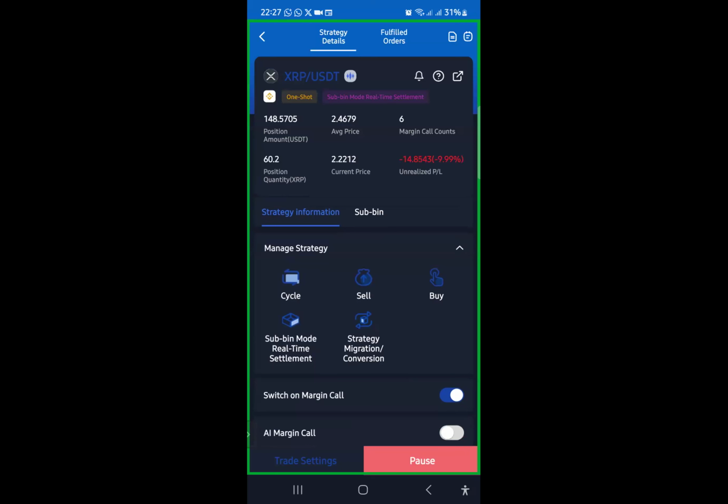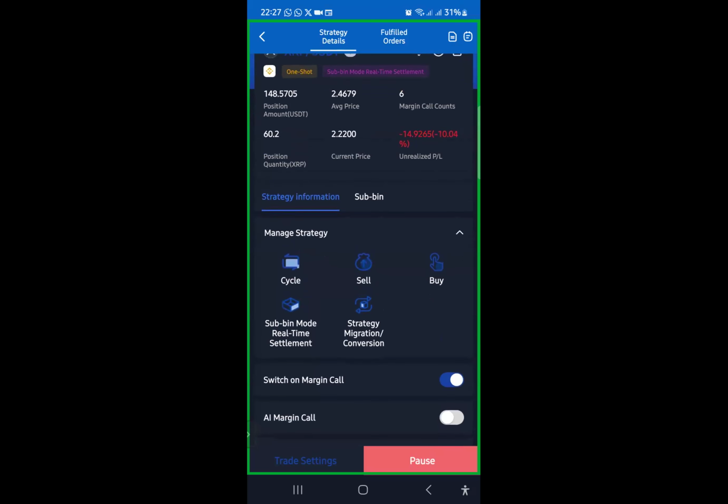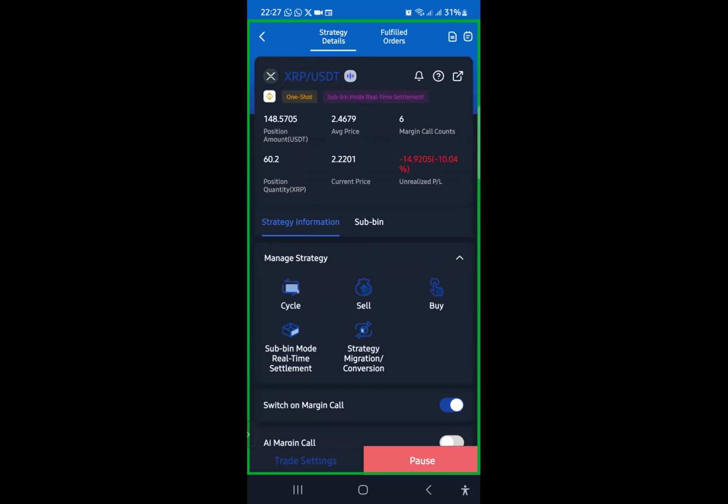So your floating loss amount of 14 is intact. But when we go to your exchange, we will have to see 148 minus the 14, which will give us like 133, 134.